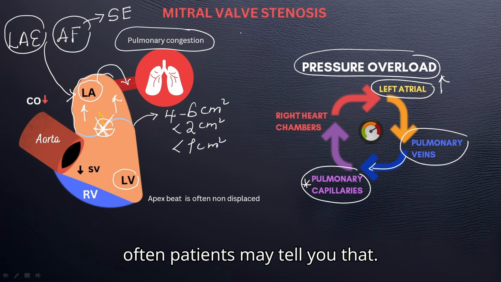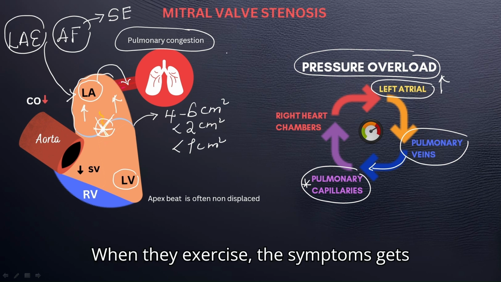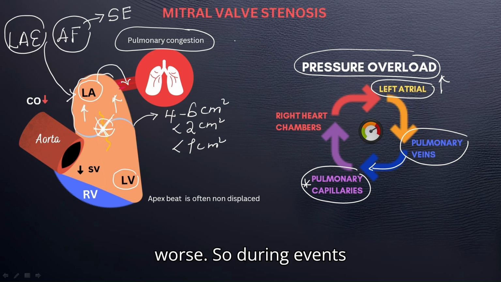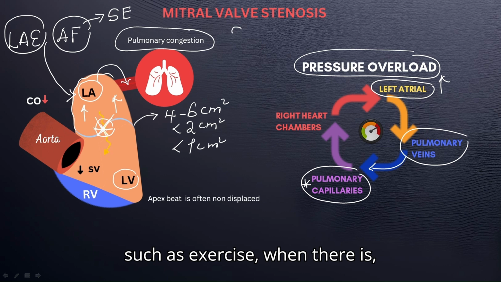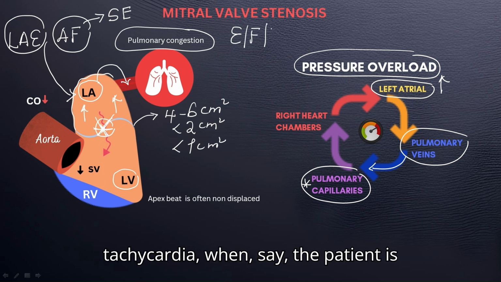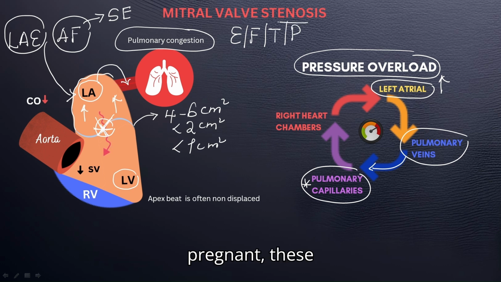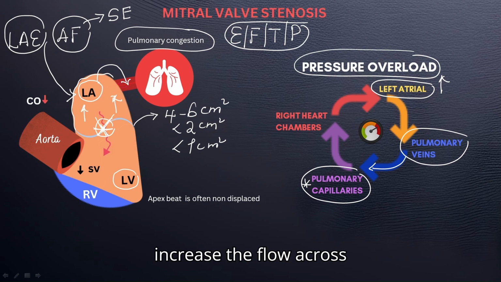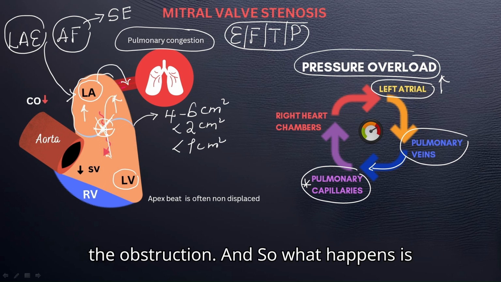Now, often patients may tell you that when they exercise, the symptoms get worse. So during events such as exercise, fever, tachycardia, or pregnancy, these scenarios can actually increase the flow across the obstruction.